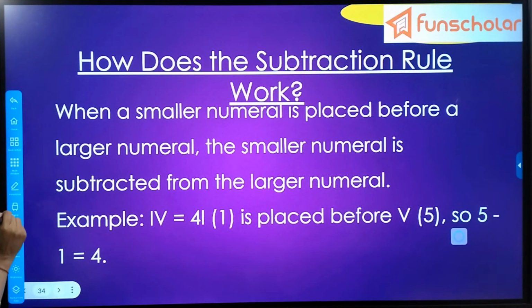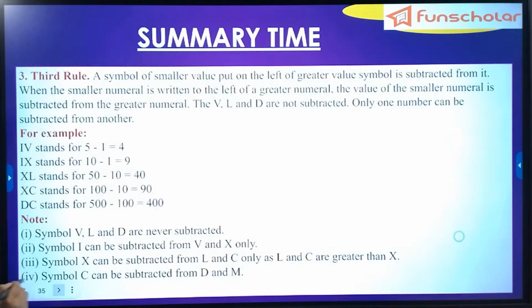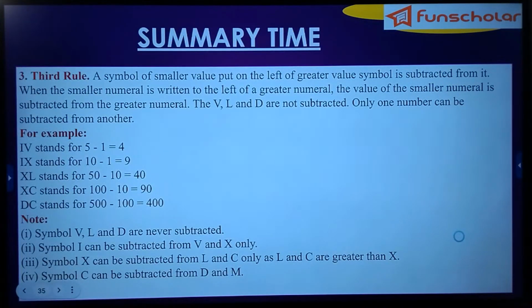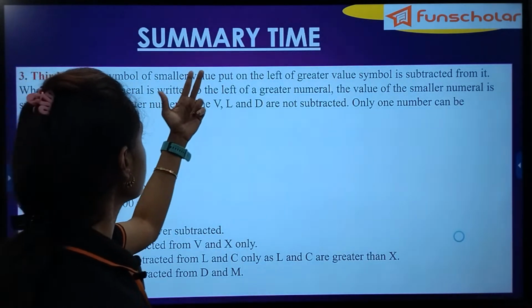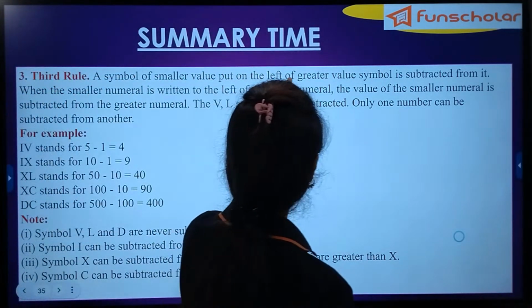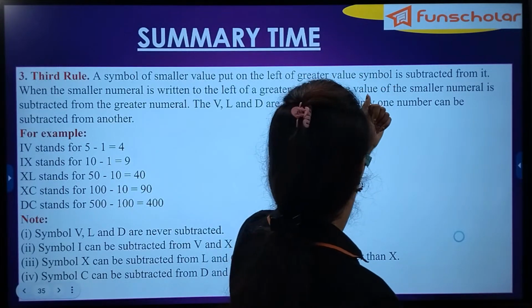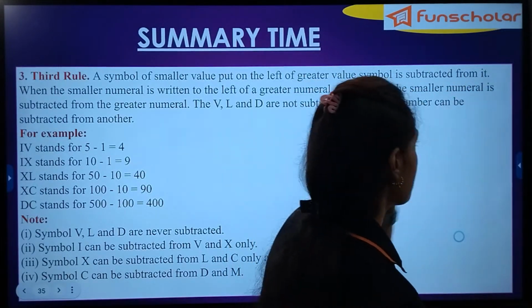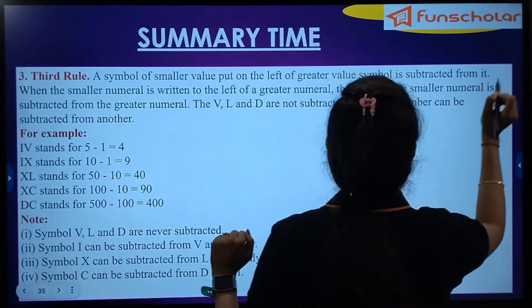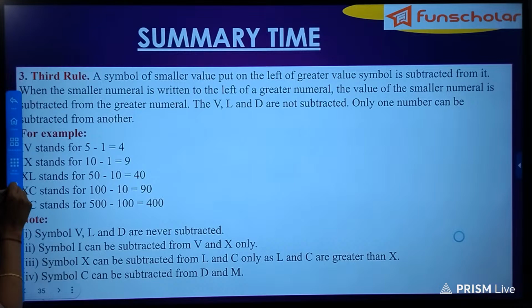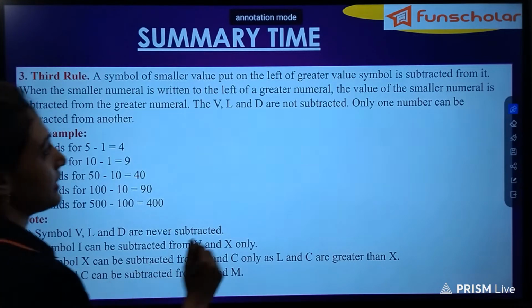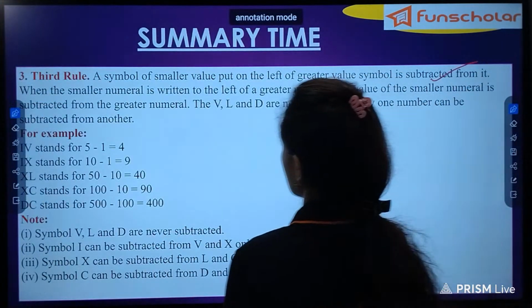Now next. See, third rule: a symbol of smaller value put on the left of a greater value is subtracted from it. We have learned this just now.